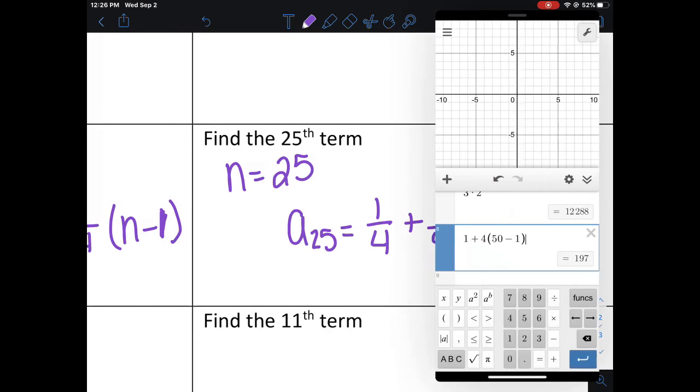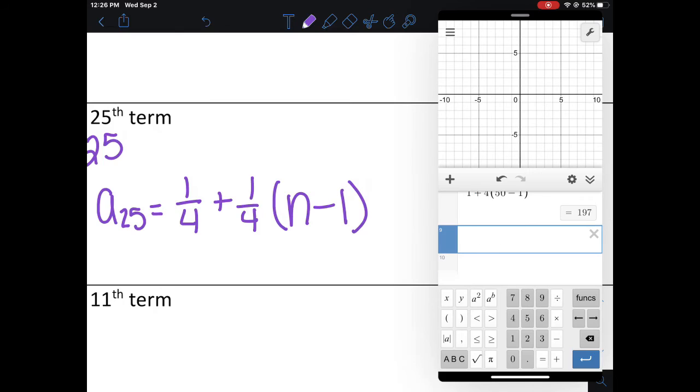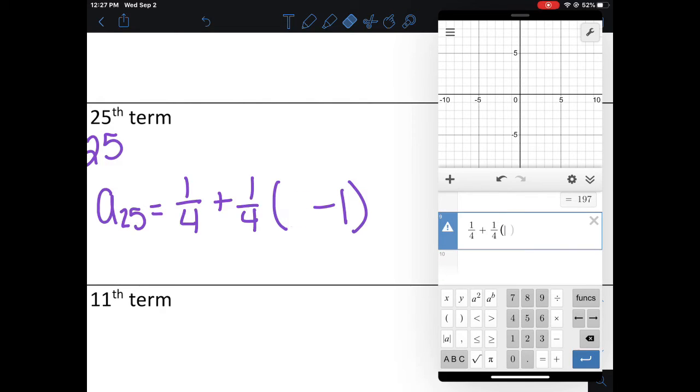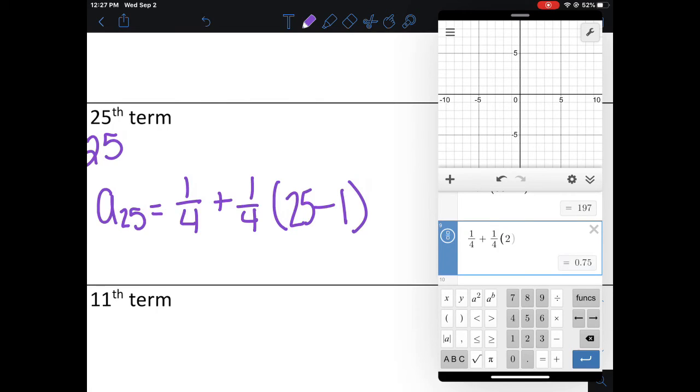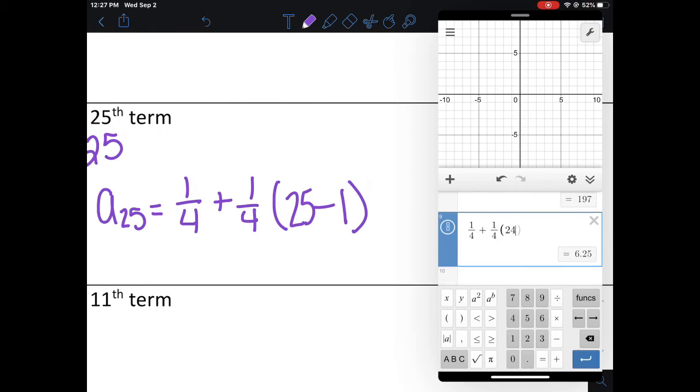Again, I'm just going to use my calculator here. Nothing fancy. 1/4 plus 1/4 times, oh, I made a mistake. That shouldn't be an n. I can't plug that in. Times 25 minus 1. 25 minus 1 is 24. I'll just plug in 24.